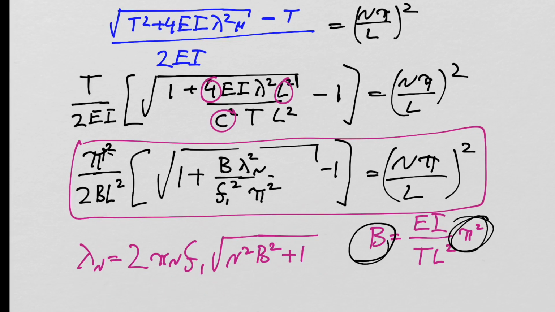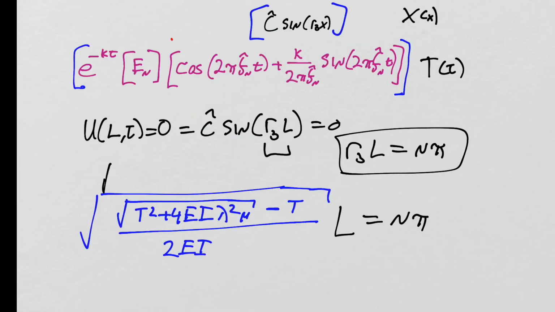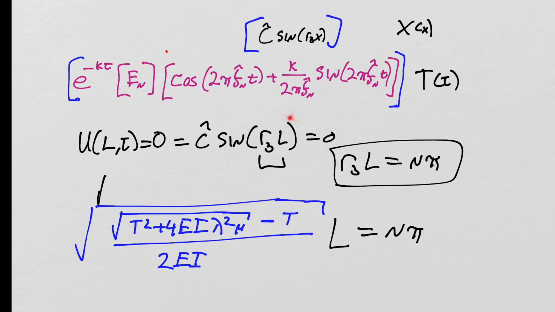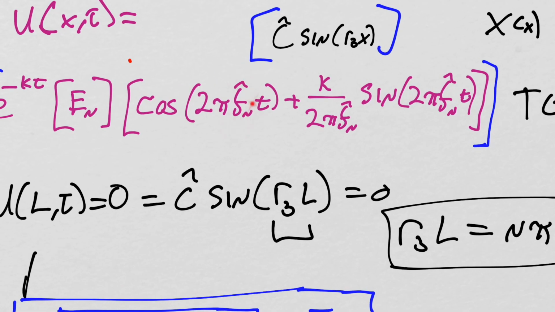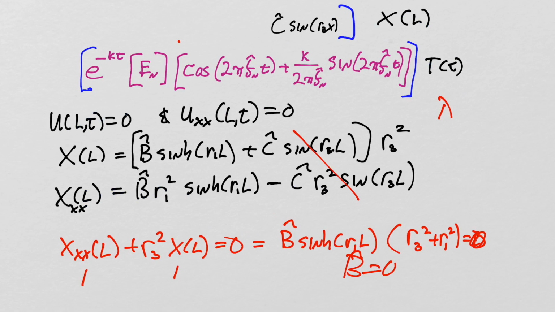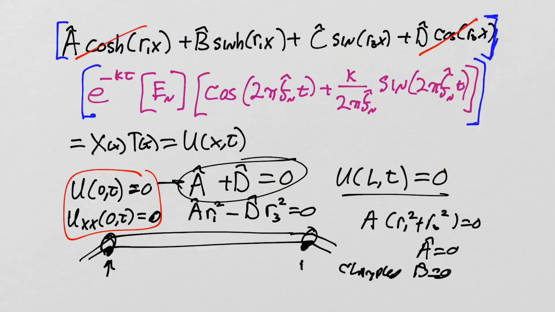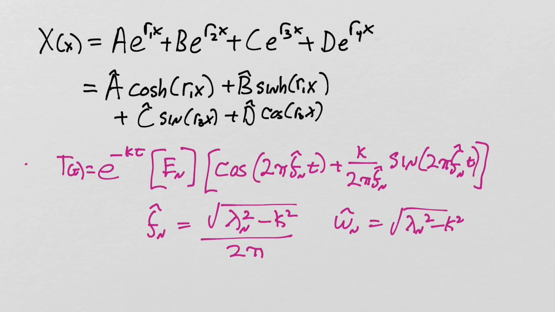So now, with this, we are knocking on the door of our answer, because once we know lambda n, we can go back to, where's our expression? This is our full expression, right? This times this is our full expression for the answer we seek, which is u of x and t. That's what this is. So we know that f hat n, the frequencies, have to be placed in here, but we know what those frequencies are because I cited them back here. Where did I cite them? Here, right?